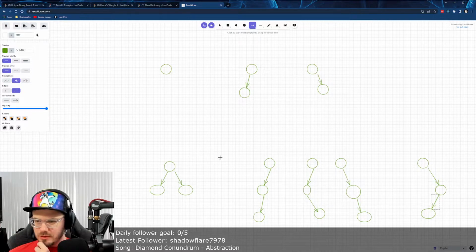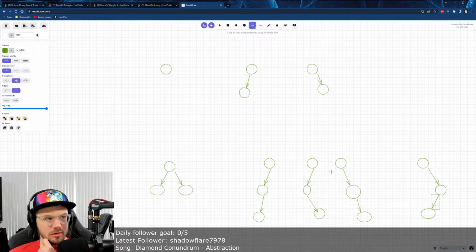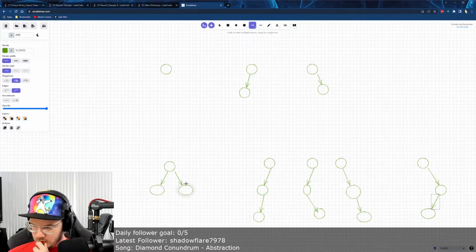If we're trying to figure out the answer for I equals 3, or n equals 3, then I think the idea is that we're adding a node, right?